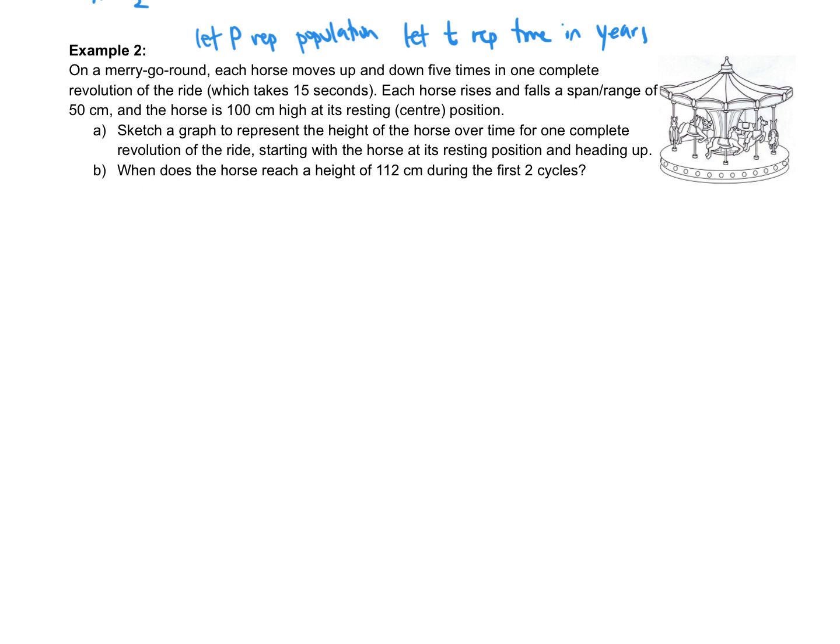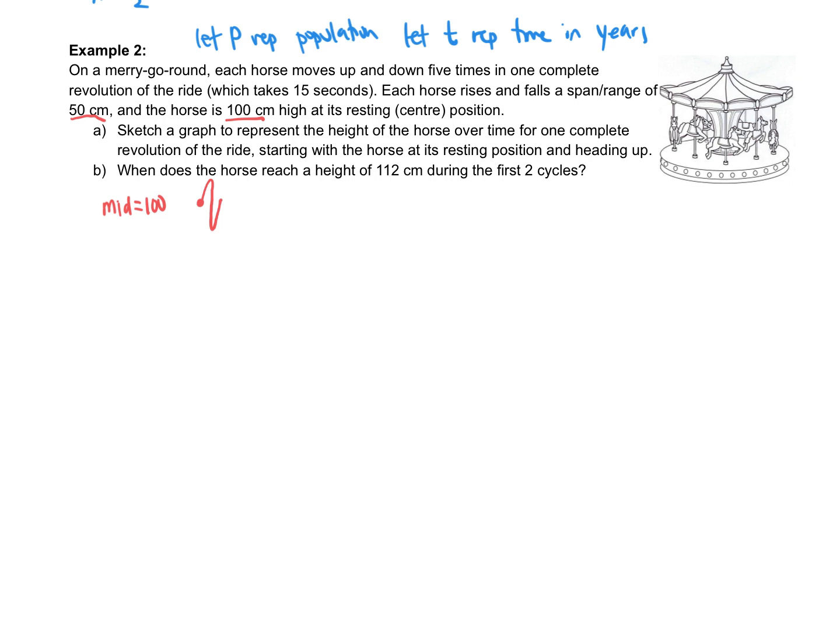Okay, there's quite a bit of information here that we have to decipher. Well, first of all, our resting position or our center is at 100 centimeters, so that's going to be my midline. Now, when it says this range of 50, that means if the horse is at a midline of 100, it goes up, it comes back to the midline, it goes down, it comes back.